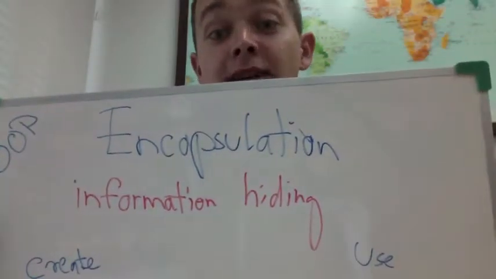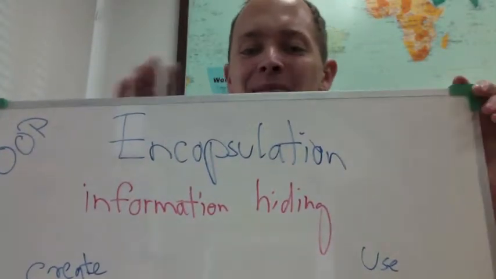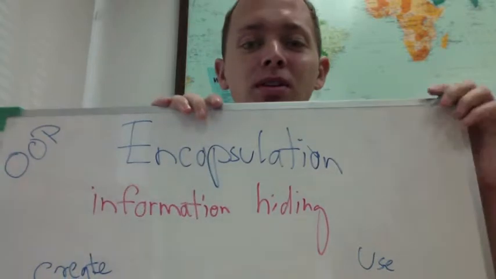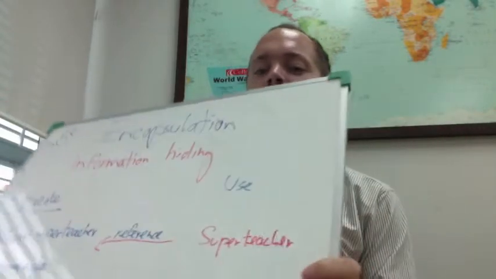And what does encapsulation mean? Encapsulation means information hiding. What does now information hiding mean? Information hiding means we create our classes, but we don't show how they are created. We simply make them usable. What does that mean?